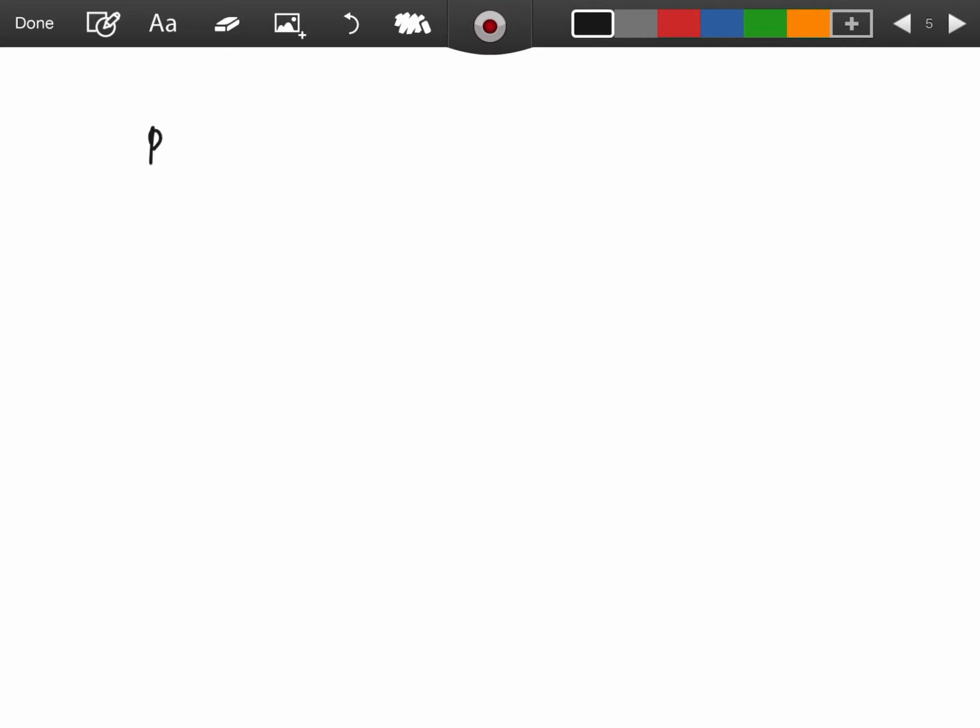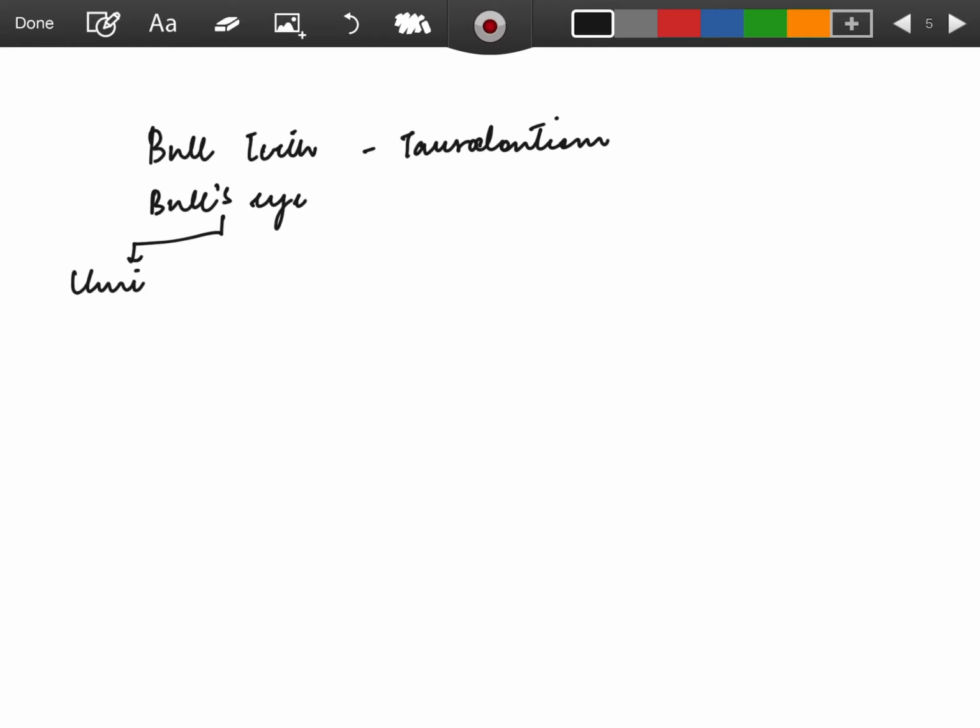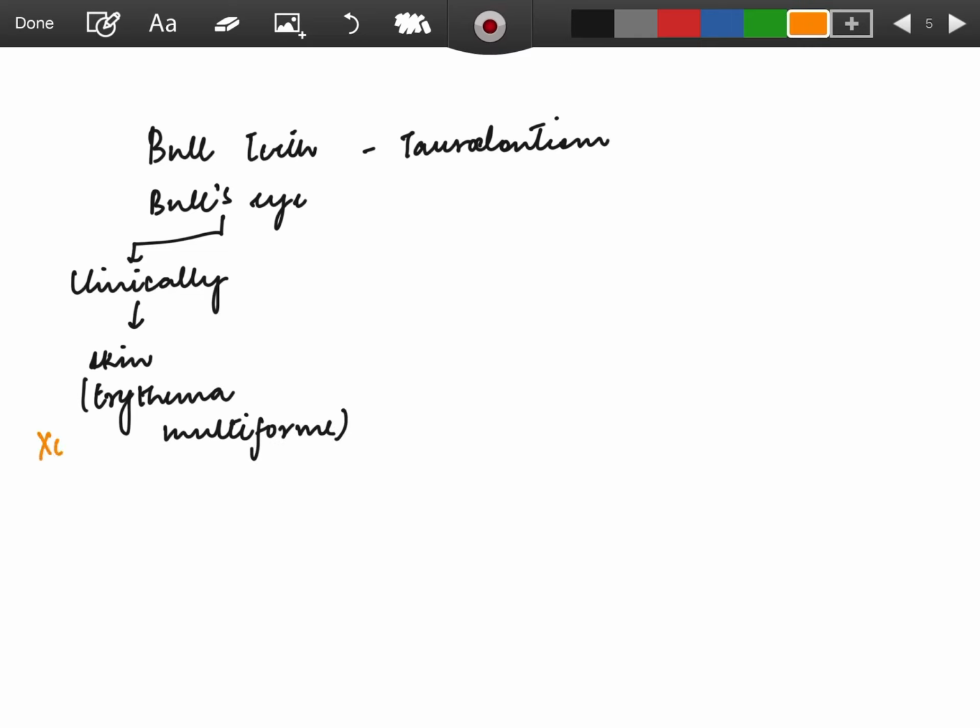So revising all the terminologies, first is bull's teeth, that is in the developmental anomaly taurodontism, also called a taurodont. So bullseye. Clinically bullseye is seen in the erythema multiforme, only seen in the skin, because erythema multiforme also affects the oral cavity, but these lesions will not be seen in the oral cavity, only in the skin.